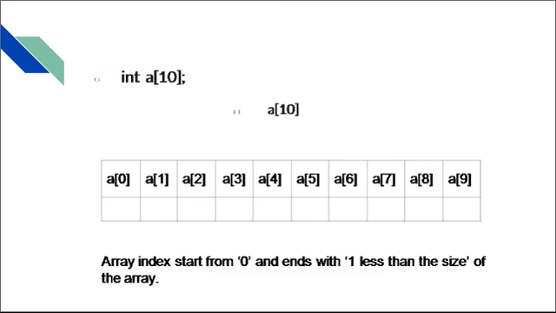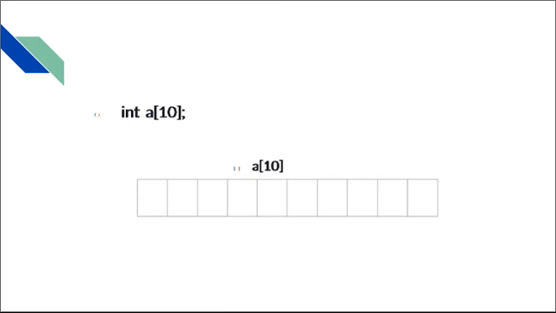Okay. Int a of 10 means what happens? Int a of 10 means a location is created. The size of this location is 20 bytes. So, internally, this location is divided into 10 parts.